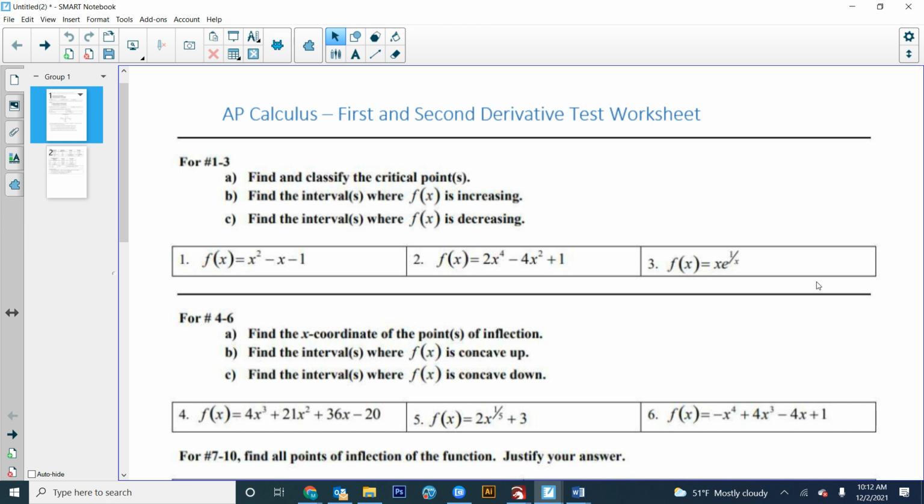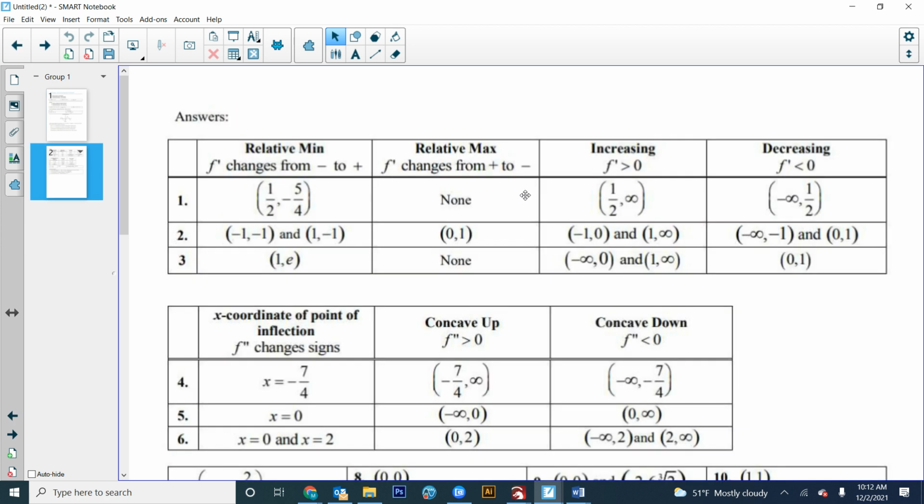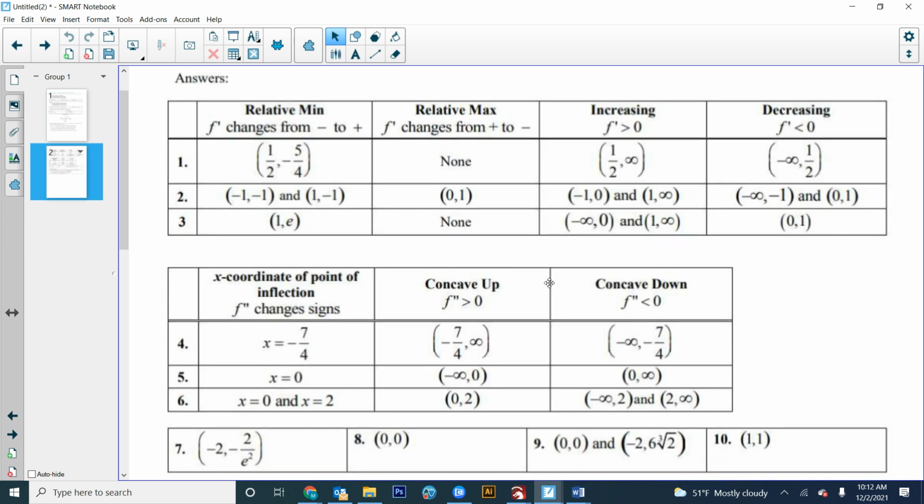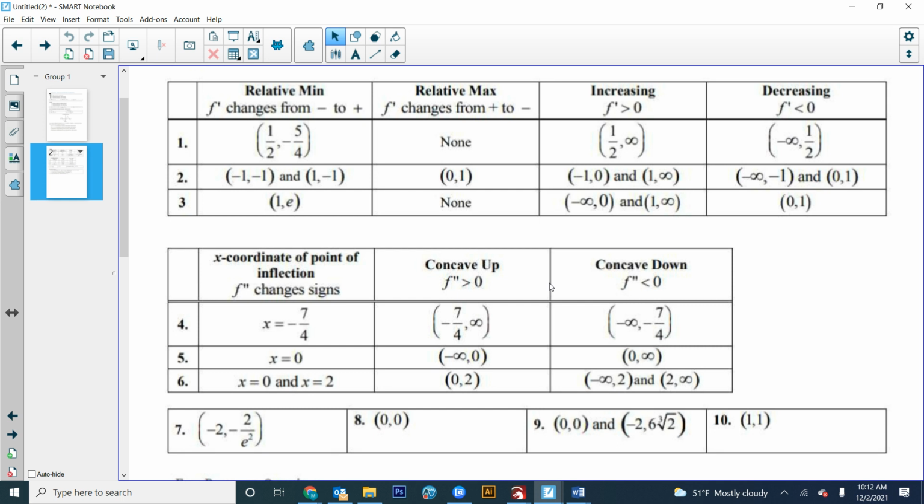How'd the worksheet go last night? I don't think I put the key on yours. About to get fancy.